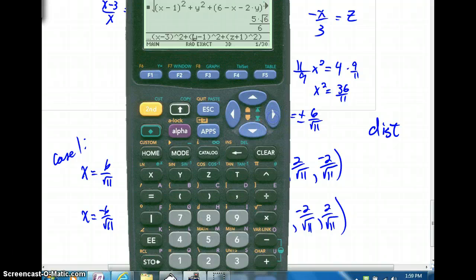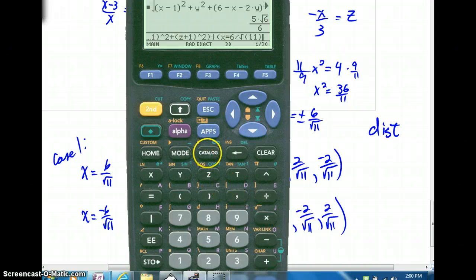But now that I've closed that square root, I'm going to say bar, such that, then I'll say x equals, and what did we have? I think x was equal to what? 6 over radical 11. So I'll say 6 divided by the square root of 11.